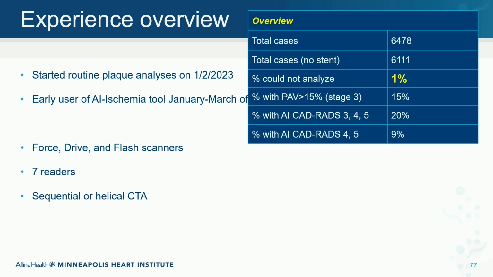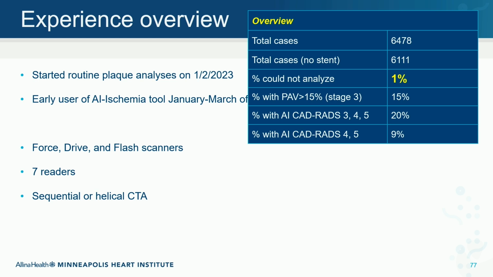We don't have time at our practice given the volume. On the top right, you can see we've sent to date, perhaps as of 2 weeks ago, over 6,000 cases of patients without stents or grafts, and 1% of the time the platform returns that they could not analyze the data.